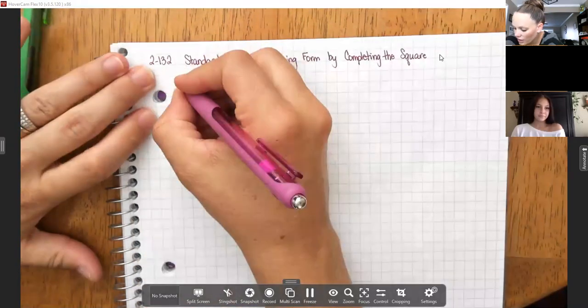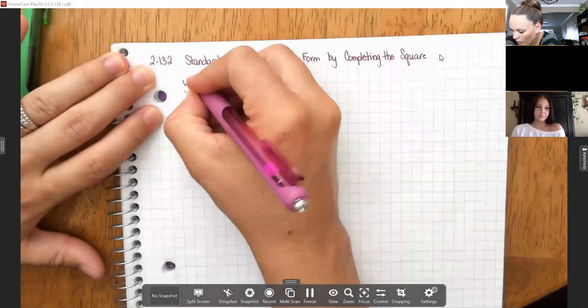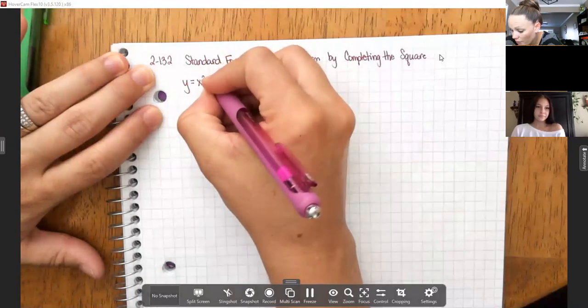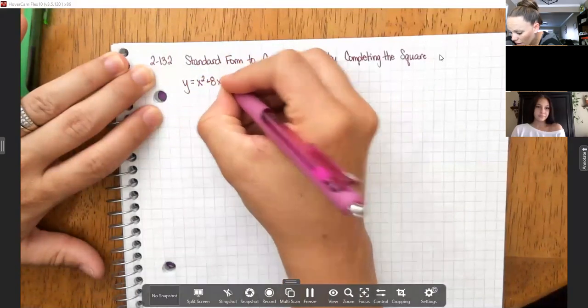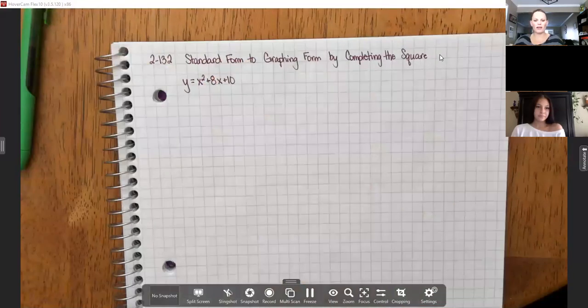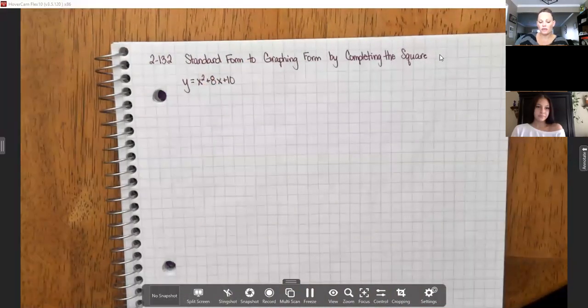So our equation here, and this should be a review for math 2, but we had a lot of time off at the end, or it wasn't as structured, so we may not remember all of this.